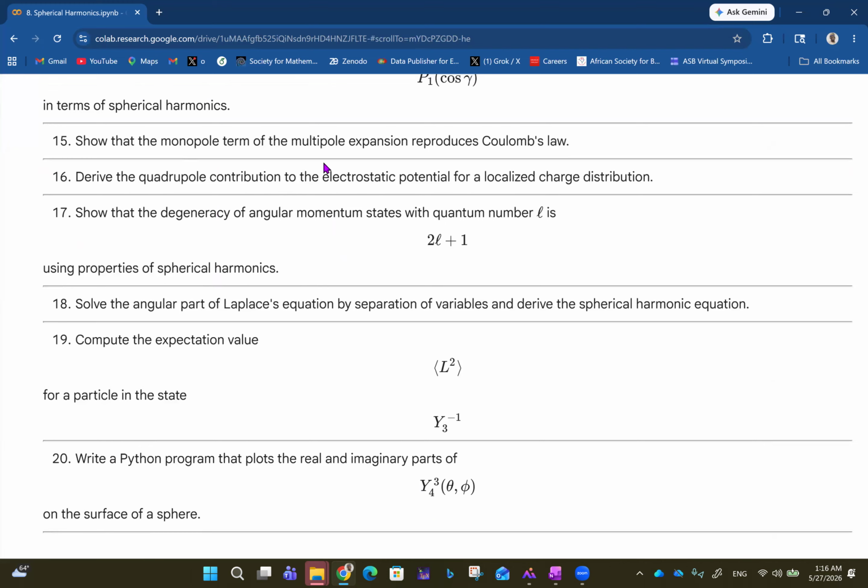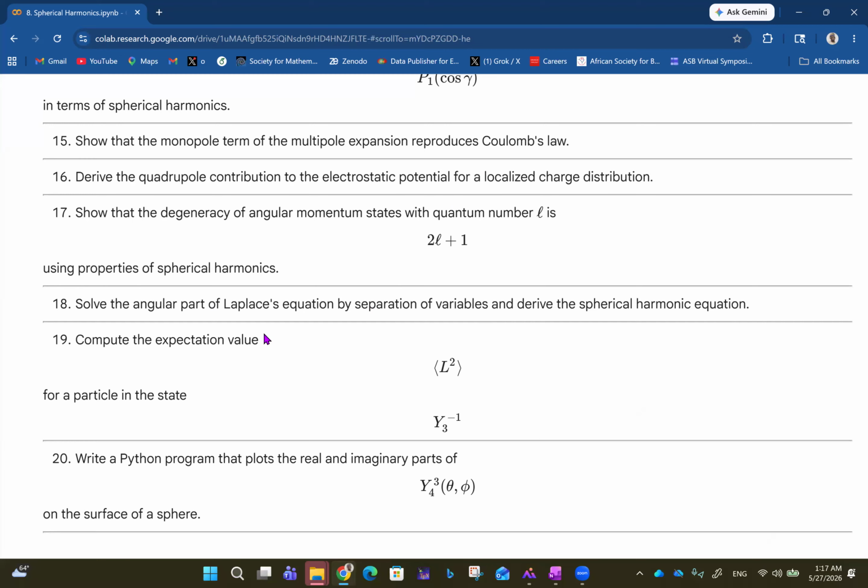Show that the monopole term of the multipole expansion reproduces Coulomb's law. Then derive the quadrupole contribution to the electrostatic potential for a localized charge distribution. Show that the degeneracy of angular momentum states with quantum number L is 2L+1 using properties of spherical harmonics. Solve the angular part of Laplace's equation by separation of variables and derive the spherical harmonic equation.